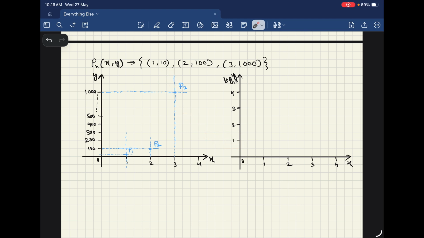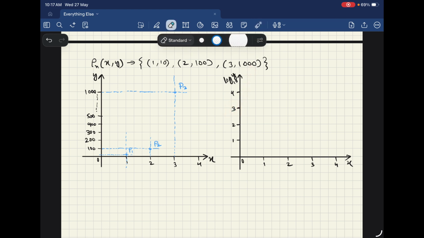Similarly, when is log y base 10 equal to 2? When y is 10 raised to the power 2, that is 100. That means this corresponds to our y value 100. Similarly, when log y base 10 is equal to 3, y is 10 to the power 3, that is 1000, that means this 3 corresponds to our y value 1000.